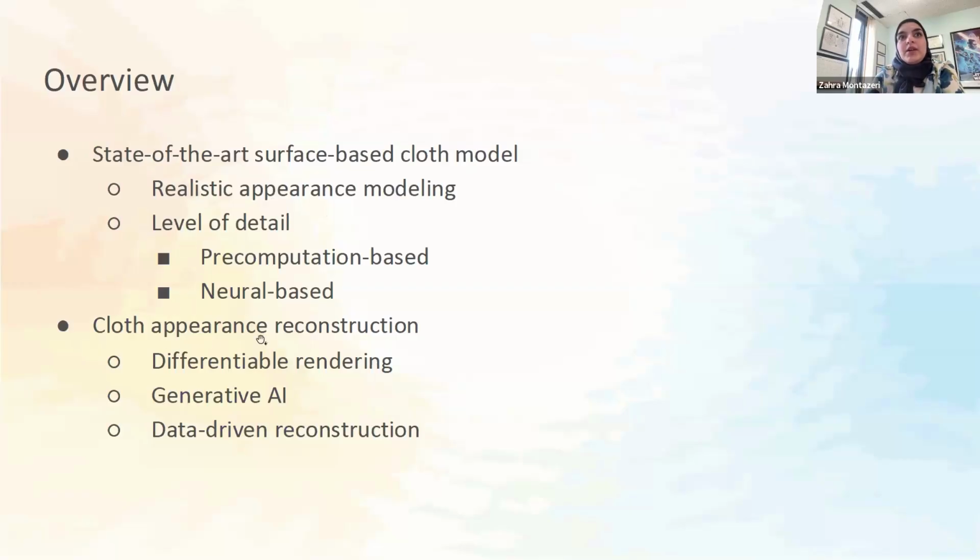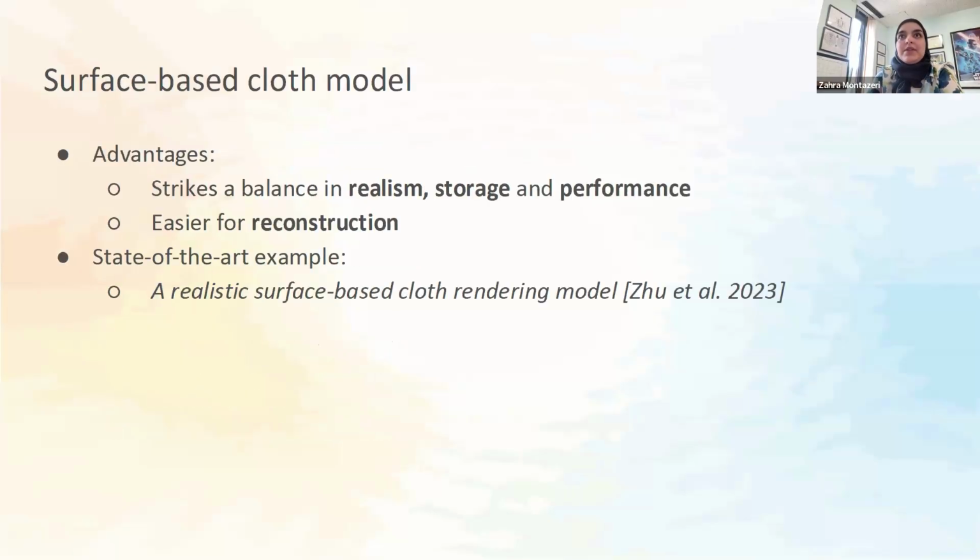Then we discuss how we can do the reconstruction. By reconstruction, I mean that you have a photo of a fabric, can you reproduce it digitally? So now let's start with the realistic appearance model. By realistic appearance model, we look for realism, for storage, for performance, and also for reconstruction.